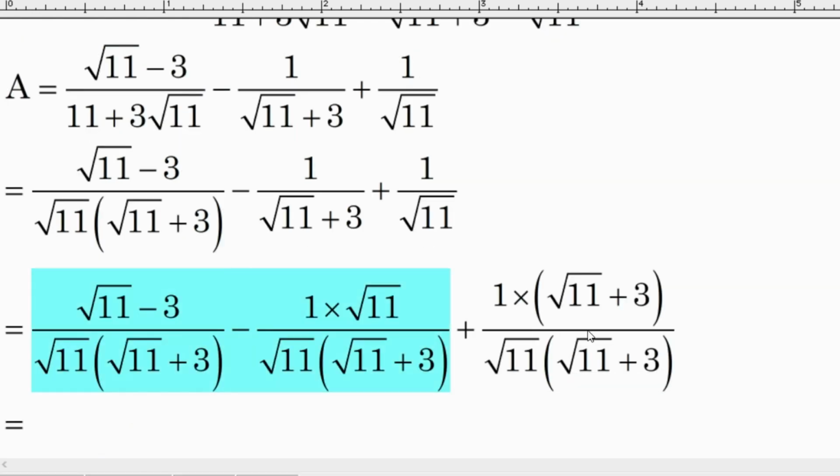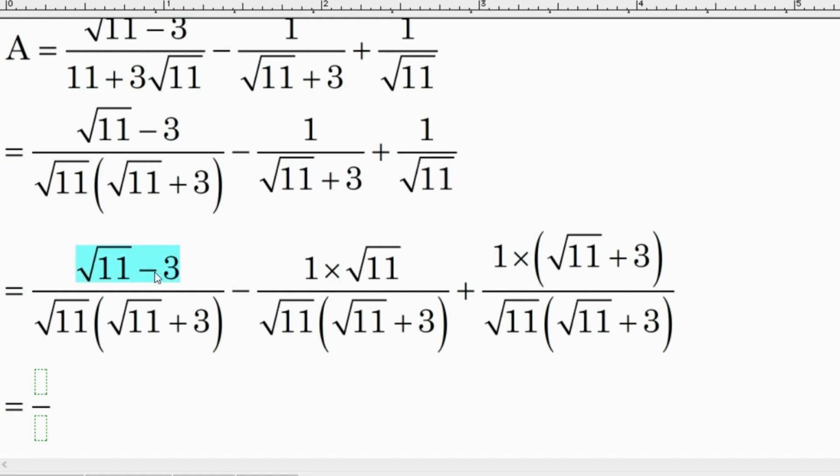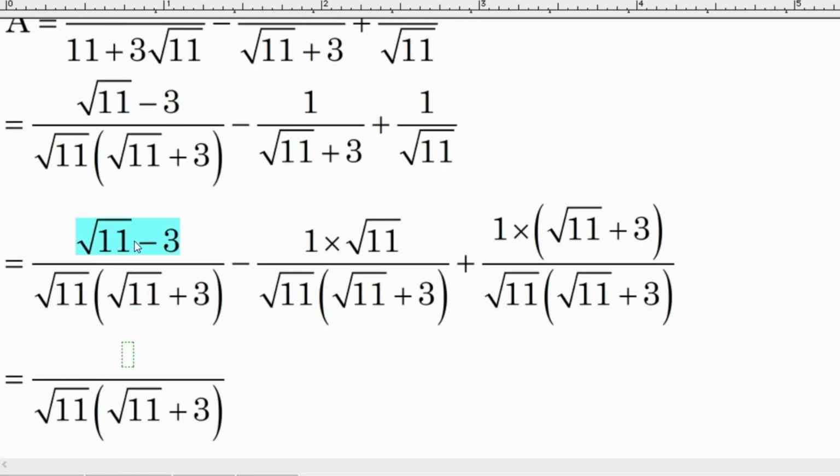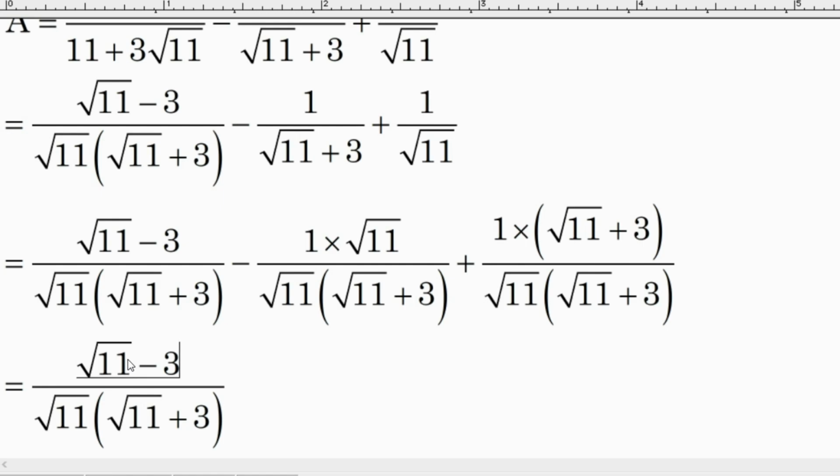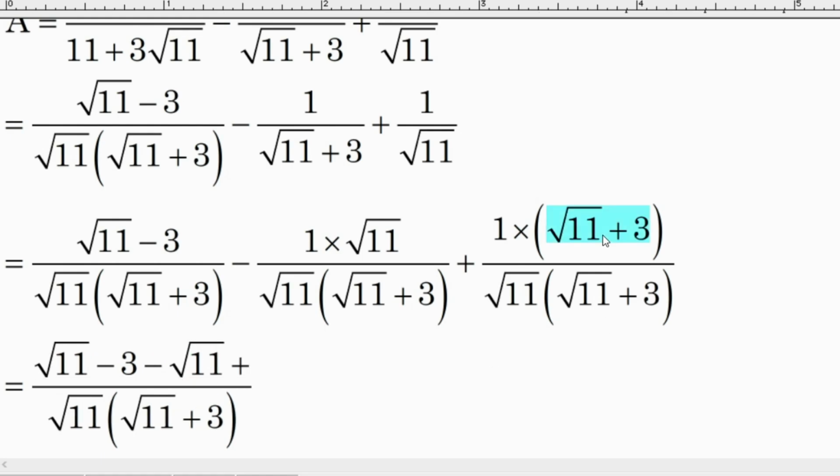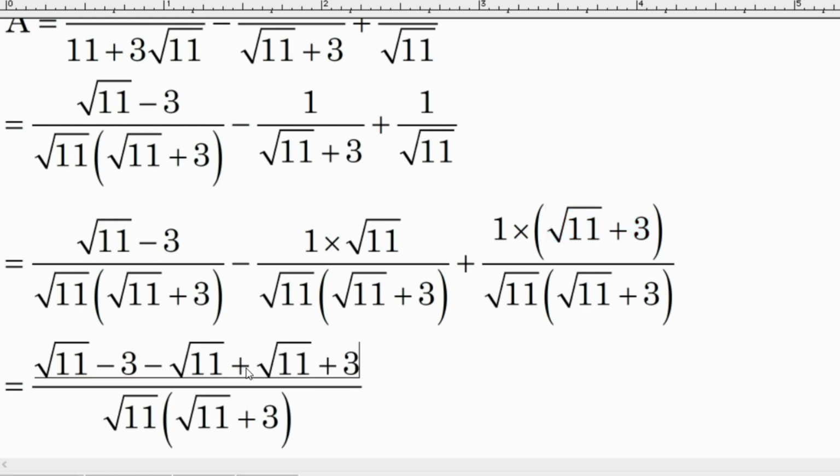Now that we have the same denominator, the rule for subtracting or adding fractions is that we keep the same denominator and take the numerators minus or plus each other. So we put the same denominator, and then the numerator here is square root of 11, and then plus square root of 11 plus 3.